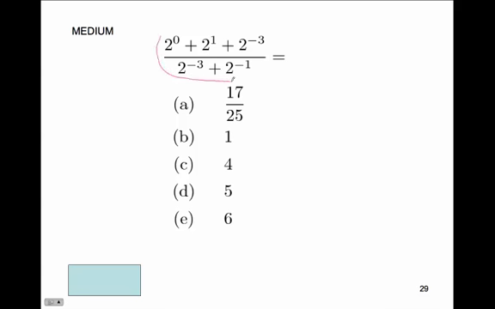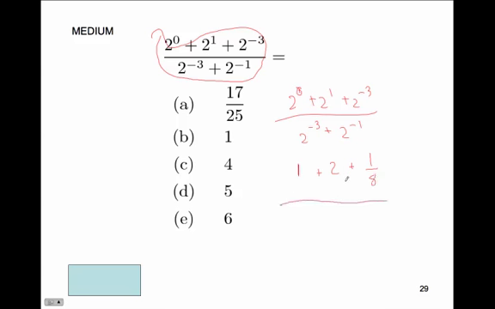This problem is a bit fun because you're working with powers. What I suggest in this case is you have 2 to the 0, plus 2 to the 1, plus 2 to the negative 3, over 2 to the negative 3 plus 2 to the negative 1. So 2 to the 0 is 1, plus 2, plus 1 over 8, which is 2 to the negative 3.